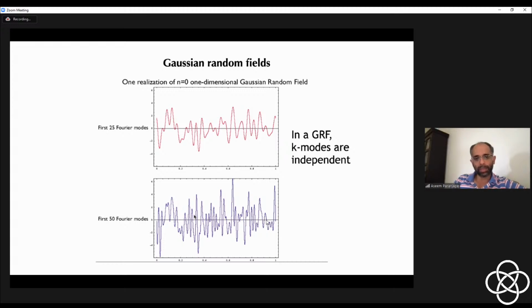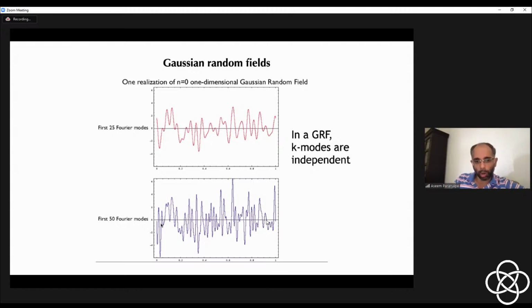And what you can see is very interesting. When I add only the first few small k modes, I get some structure. When I add the next 25 k modes, which have larger k values, but they are still random numbers, the modes themselves are random numbers, I see that overall, the pattern that I see in the red line is sort of maintained, okay, where this thing is going up, this thing is also going up and so on.